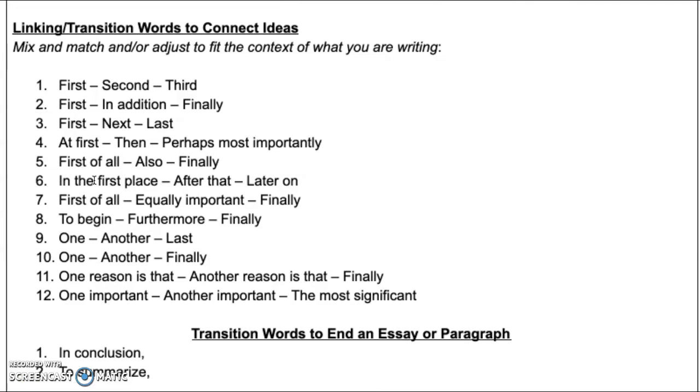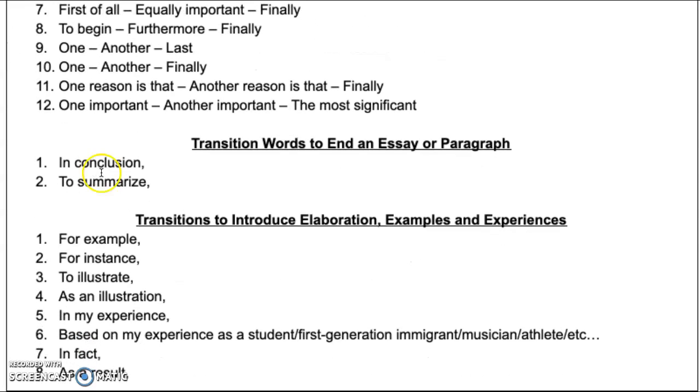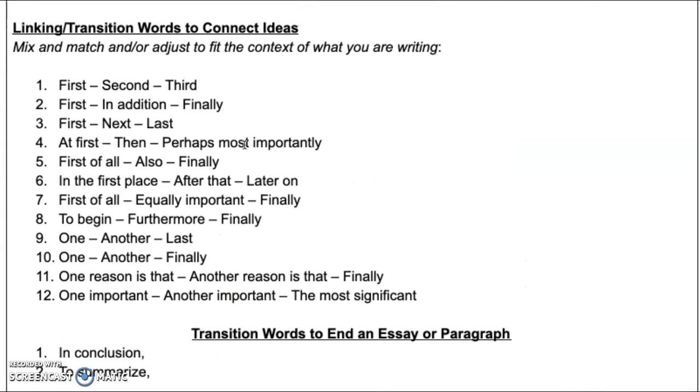I'm not going to use either of these because this is for evidence and this is for the ending of the paragraph. So I'm going to pick out words from here. I'll write first, in addition, and finally. I can mix and match some of these as long as it sounds all right.